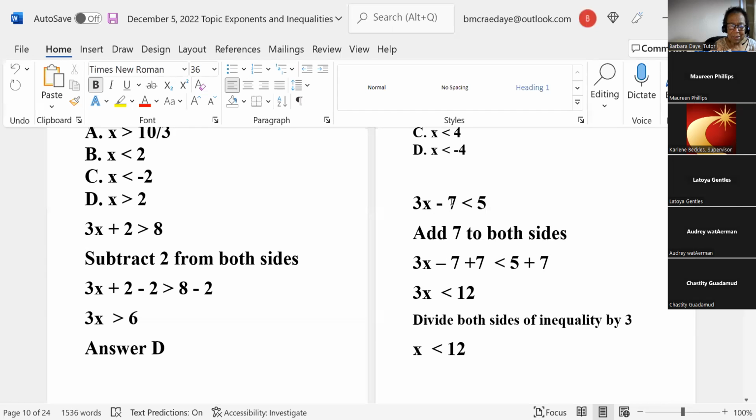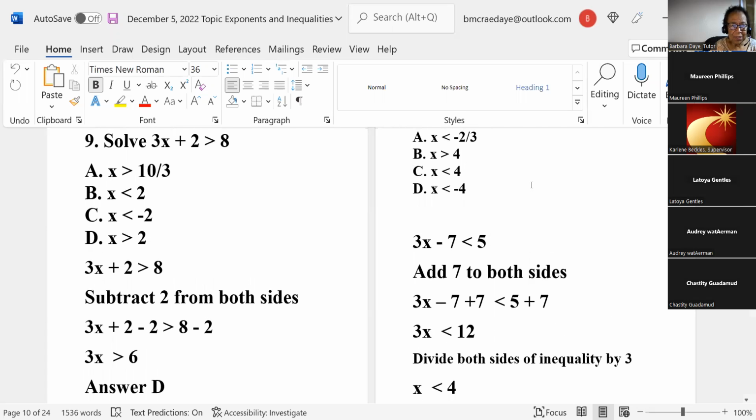We added a 7; plus 7 minus 7 gives you 0. You don't have to put the 0 here. And then the 5 and the 7 add to 12. So you divide both sides by 3. 3x divided by 3 gives you x, and 12 divided by 3 gives you 4. So your answer is x less than 4.